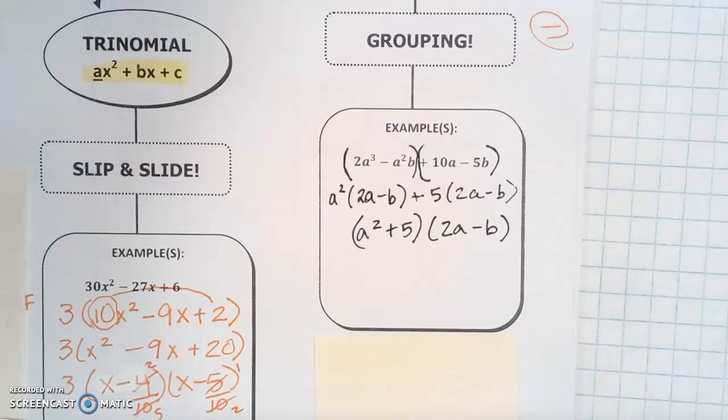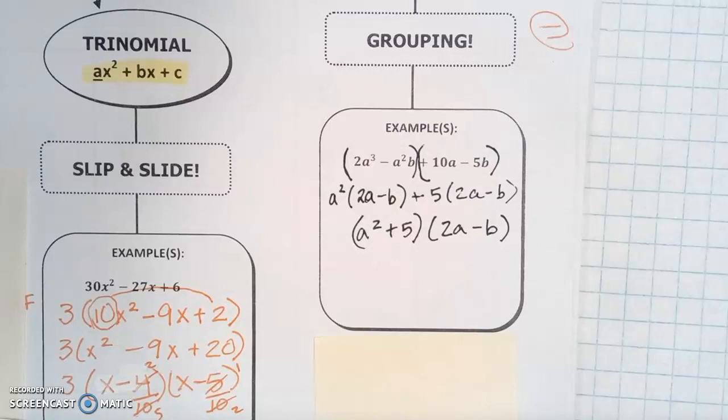With the first grouping, you're going to look for the GCF. So the greatest common factor of 2a cubed minus a squared b is a squared. So you factor out the a squared, and that leaves us with 2a minus b. For the second grouping, you look for the GCF of 10a and negative 5b. And that GCF is 5, which leaves you with 2a minus b.